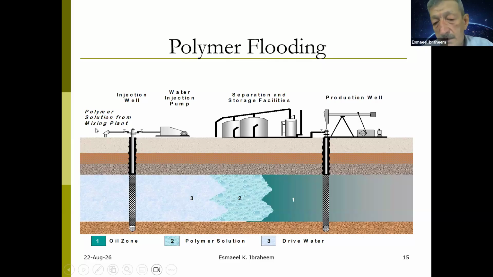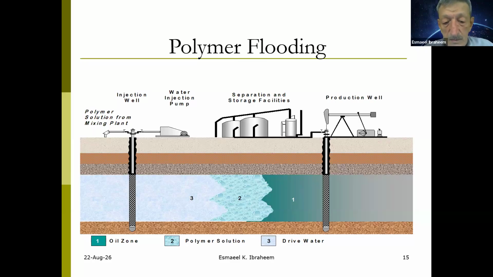You have to have a polymer that is suitable for your reservoir, and the polymer is mixed with water with a certain percentage in order to be effective to push the oil to be produced by the production well, and not to have fingering with the oil.